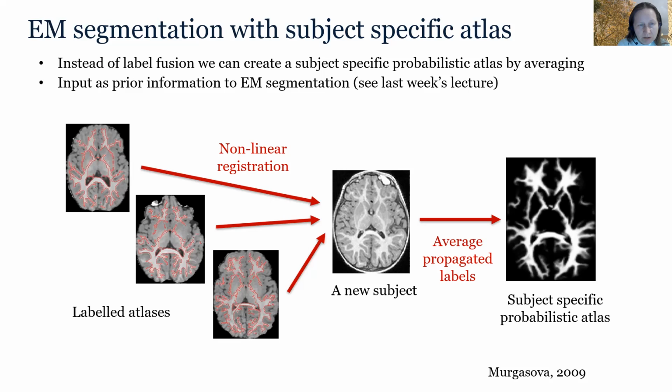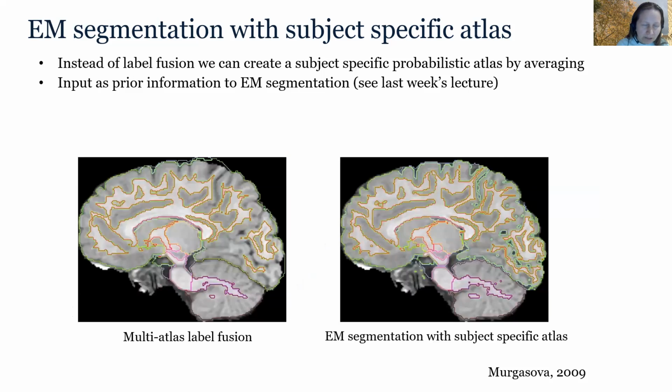I hope you remember how EM segmentation with a probabilistic atlas works from last week's lecture. So let's have a look at the result. Here we see multi-atlas label fusion, and here is EM segmentation with subject-specific atlas, and you can clearly see that we have more detail in the EM segmentation with subject-specific atlas than in the multi-atlas label fusion.